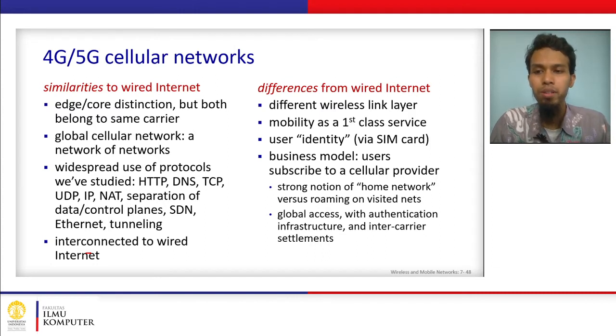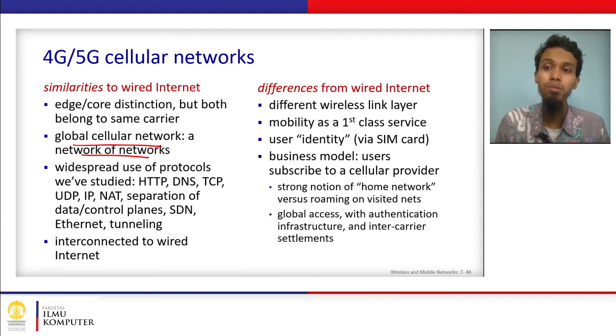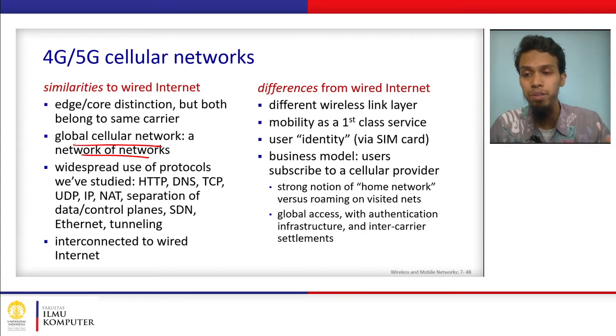Global cellular networks can also be considered a network of networks. Now it's not just the wired internet ISPs, but the global cellular networks also become part of this network of networks.